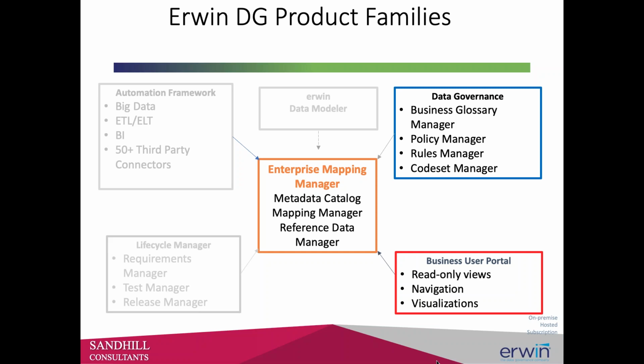The enterprise mapping manager, that's where we can link to the technical metadata, that stuff that we called a data dictionary earlier. That's where we can do all that. And there's another user interface called a business user portal, which gives you self-service, read-only navigation so you can go in and take a look at what's in there.